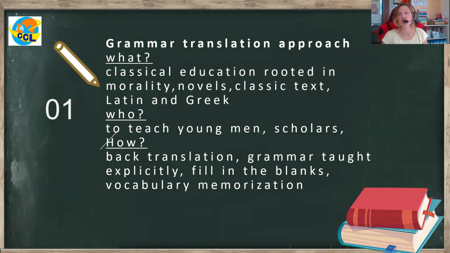Who was it for? What was the purpose? It was basically to teach aristocracy, often rich young men, and scholars, or future scholars, how to read Latin and Greek, as I said before. Also to teach culture and morality.